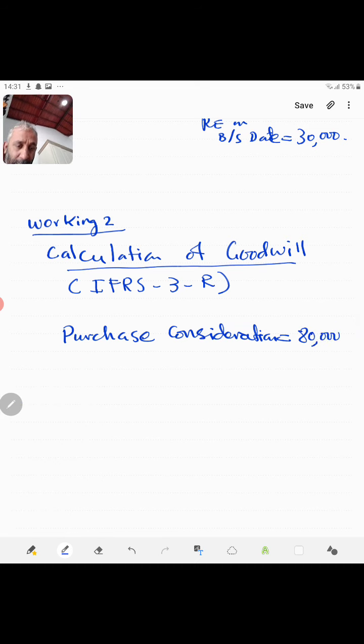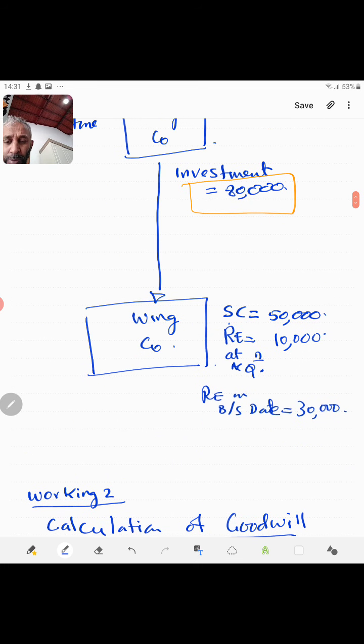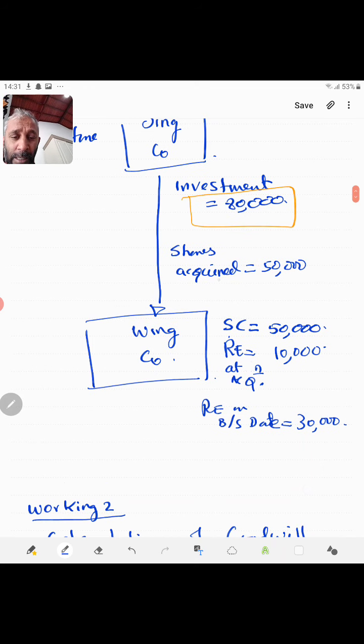80,000. And we clearly understand that the total number of shares acquired is 50,000 shares. The 50,000 shares is the total number of shares of the subsidiary. That means the acquisition is 100%.